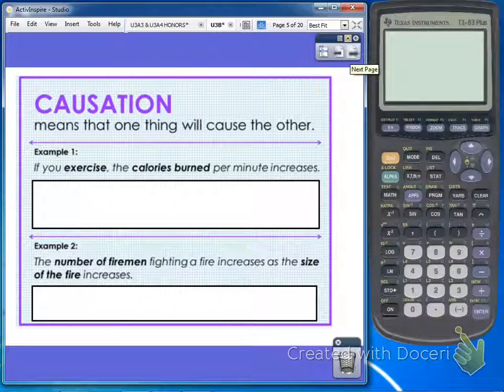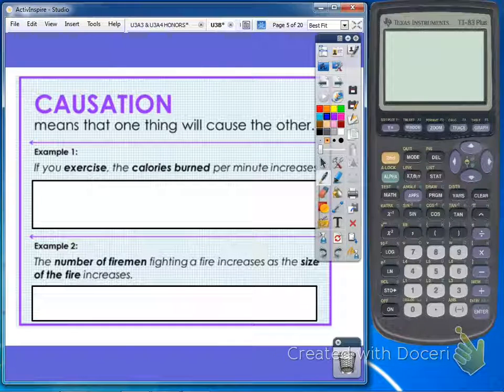Causation means that one thing will cause the other. If you exercise, calories burned per minute increases. So what's the outcome here?